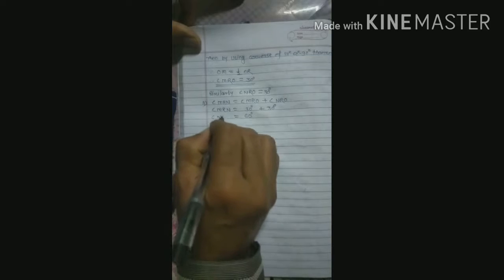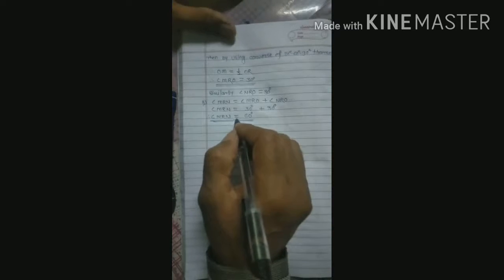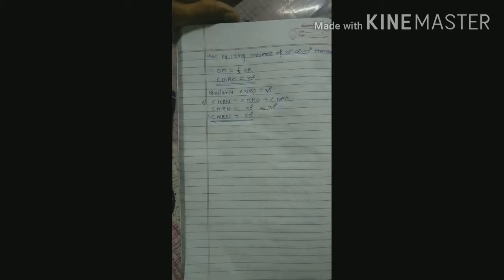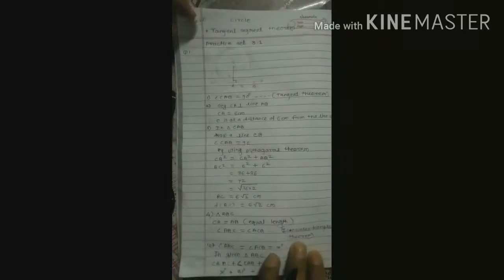In this way student, we discussed all three questions in the given example, and I hope that all of you understand this question, but again I will explain it in Marathi.